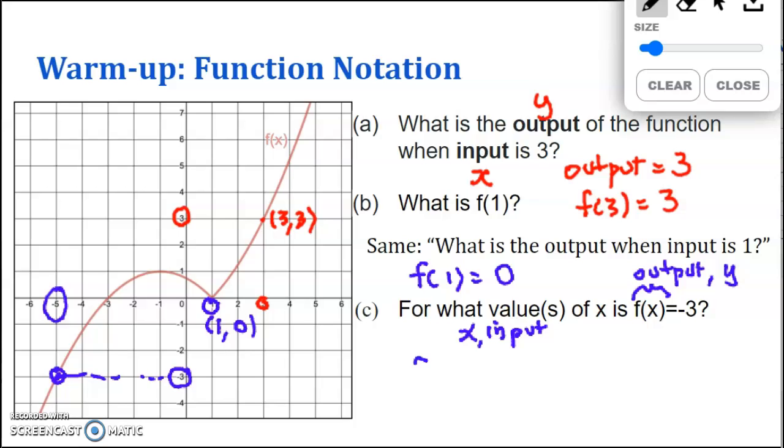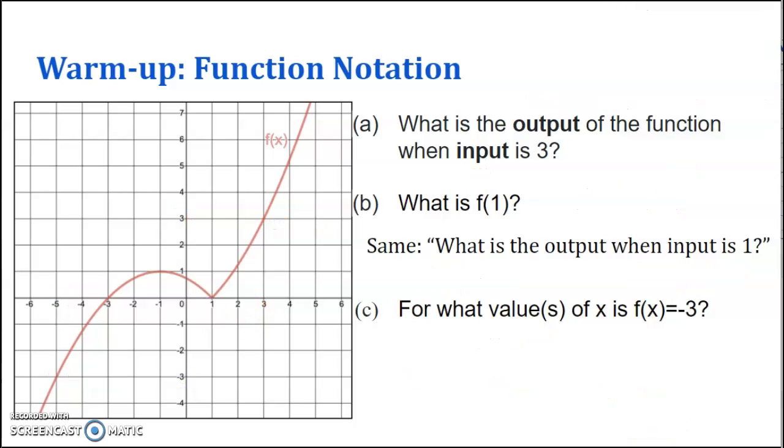So we can write this as f of -5 equals -3, or x is equal to -5. That will be your answer.